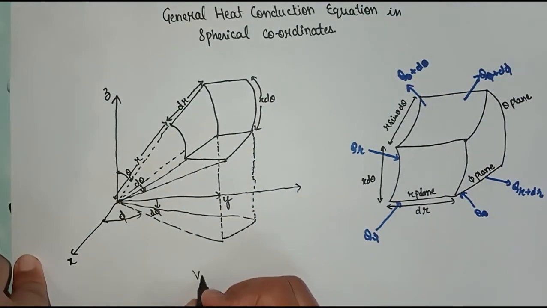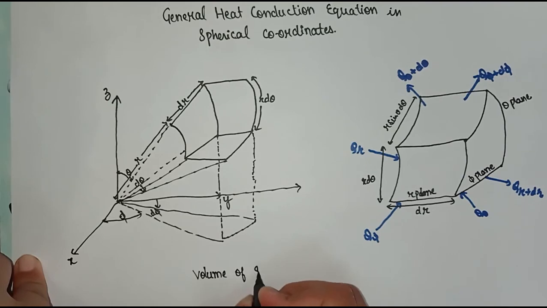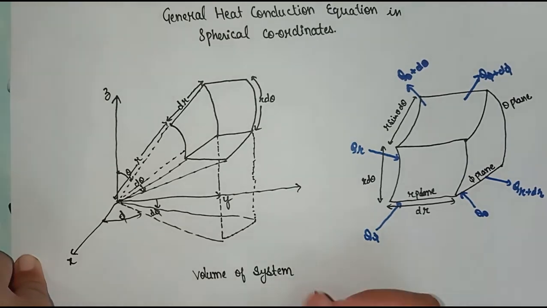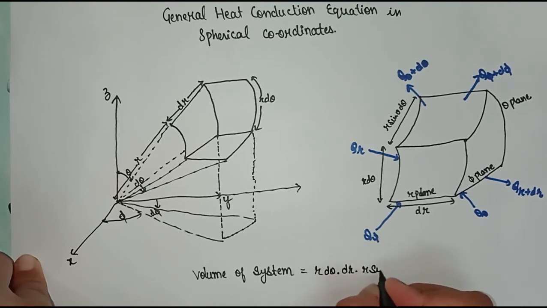Now we will write the volume of the system, which will be the product of all these lengths and will be equal to r d theta into dr into r sine theta d phi.